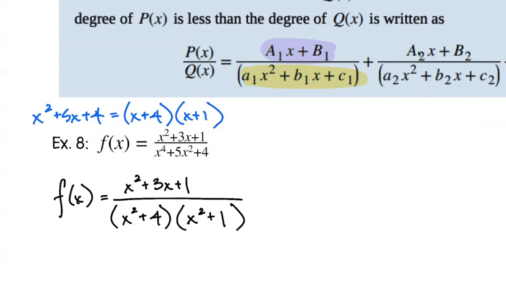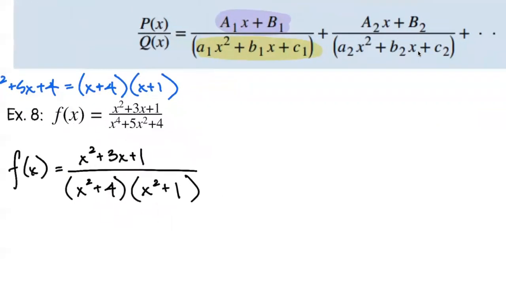So factoring quadratics, super useful because they can help you factor a lot of other degrees as well. Okay. Now, x squared plus 4, that does not factor under the real numbers. And so what I have here is an irreducible quadratic factor and another irreducible quadratic factor. So I'm going to set up the first fraction, x squared plus 4. What goes on the top? Ax plus b.